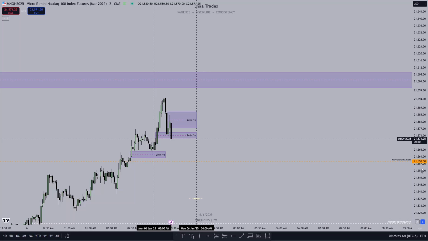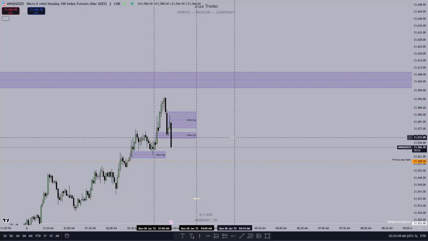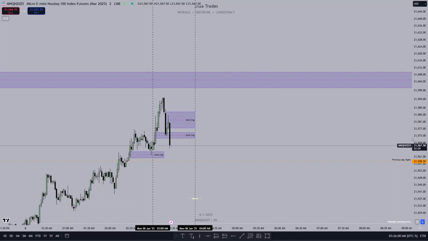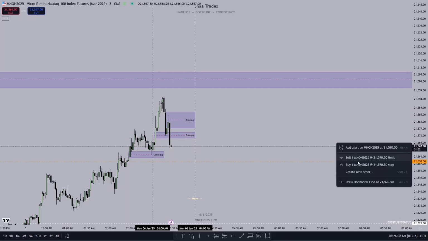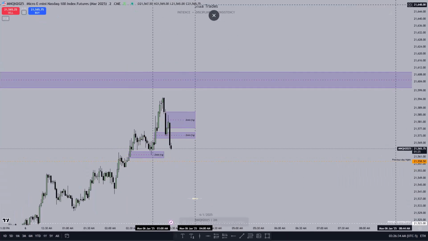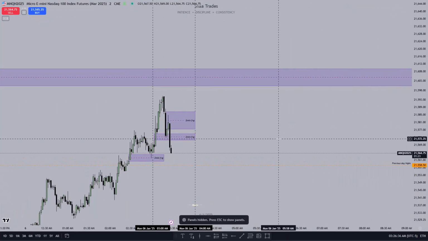All right, so see how we broke that? Now we're waiting for around 10 seconds for price to close below that. Once price closes below that, I'm going to take a sell right here. Yeah, like about here.